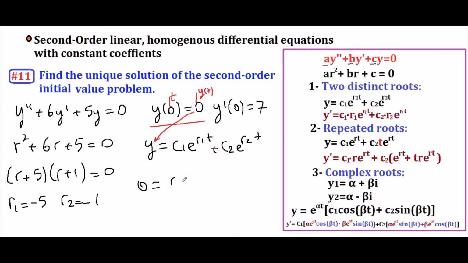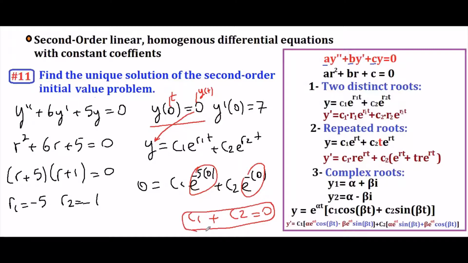So 0 equals c1 e to the r1, which is negative 5, and our t value is 0, plus c2 e to the r2 value, which is negative 1, and our t value is 0. e to the 0 is 1, 1 times c2 is c2, e to the 0 is 1, 1 times c1 is c1, so c1 plus c2 equals 0. This is our first linear equation that we're going to use.